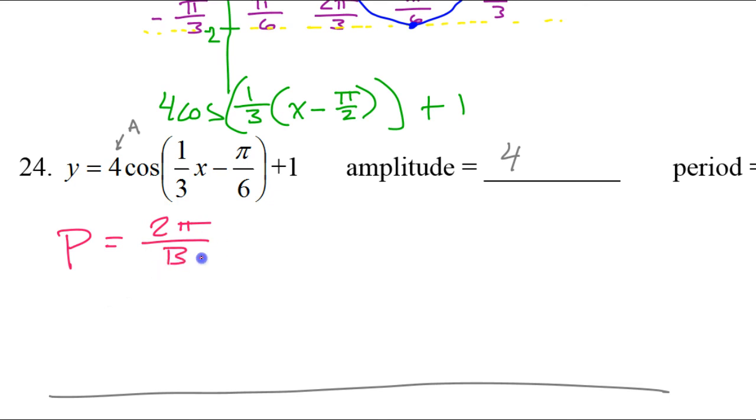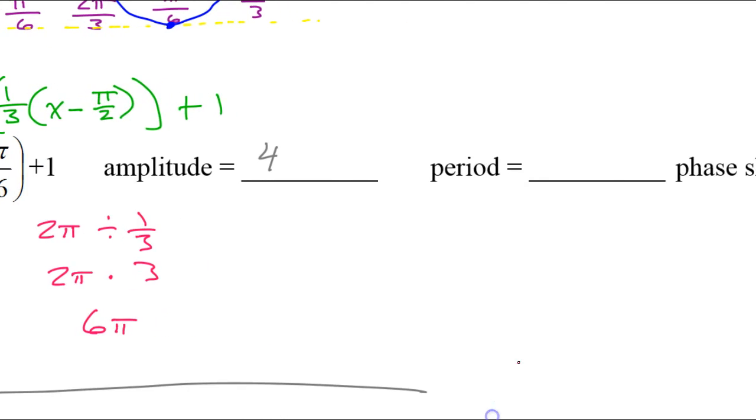So in this case, since the b value is 1/3, that means the normal period, 2 pi, divided by 1/3. But we multiply by the reciprocal, so this will be 2 pi times 3, which is 6 pi. So the period is going to be 6 pi. Whoa, not 6p, 6 pi.